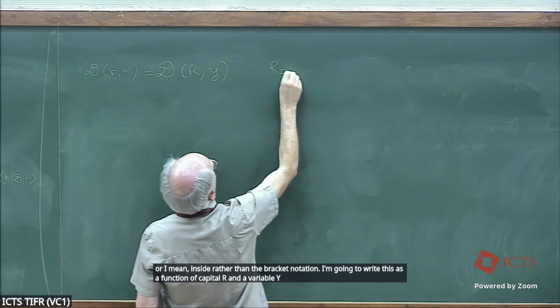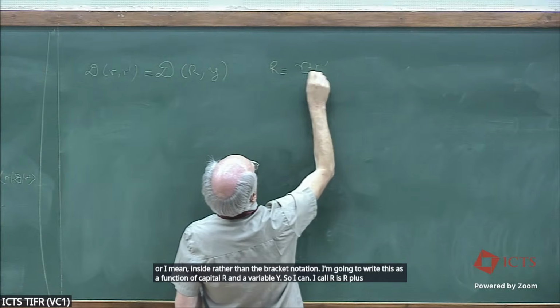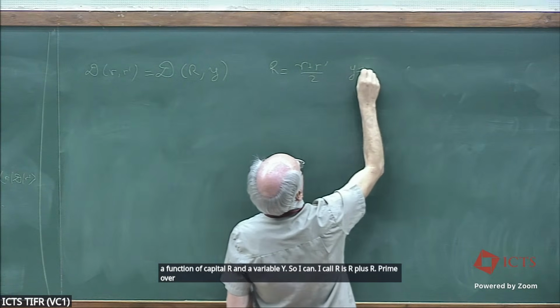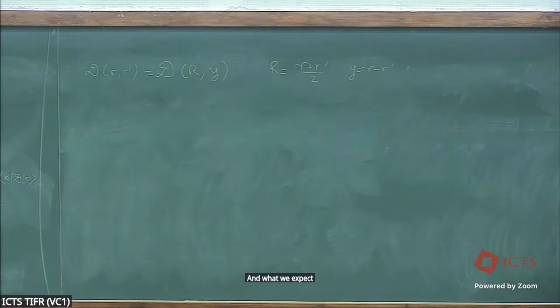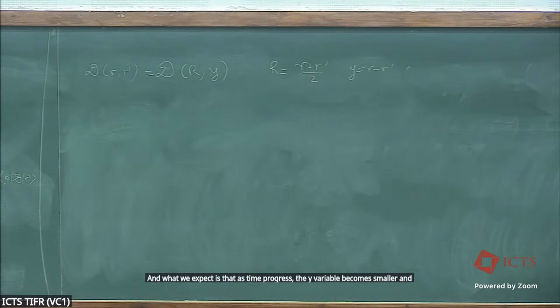So R is (R plus R prime) over 2, and y is R minus R prime. And what we expect is that as time progresses, the y variable becomes smaller and smaller.